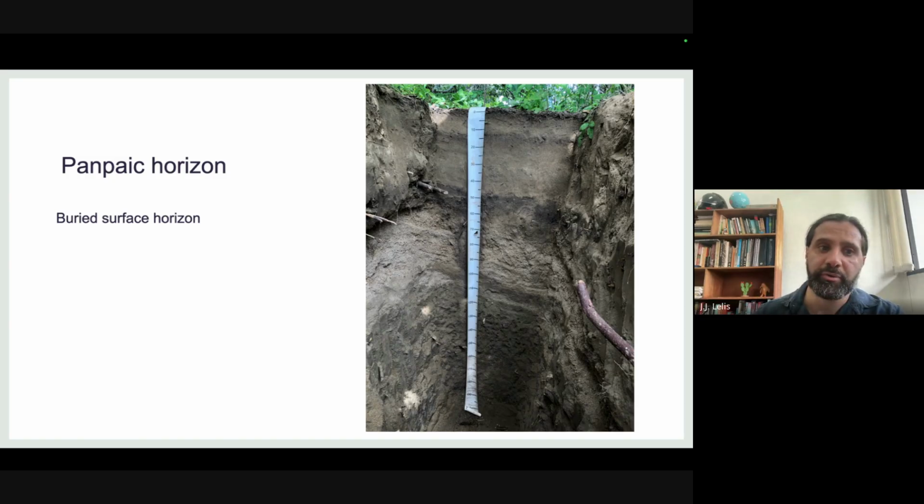The Pompeiic horizon is expressed, like here, you can see very easily here and even here, these darkish colors expressing horizons that were formed at the surface in the past, but they were buried after that. They are quite interesting because, for example, we can date these horizons and know when they were buried.